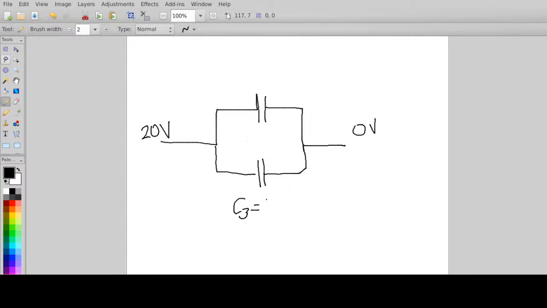Geez. 2.5. So this one is 2.5 microfarads, and this one is now C1 and 2 joined together. Hold on, that doesn't look too good. C12 like that, and that one is equal to 7.5 microfarads. Okay, so there we go. Let me save this one as well.